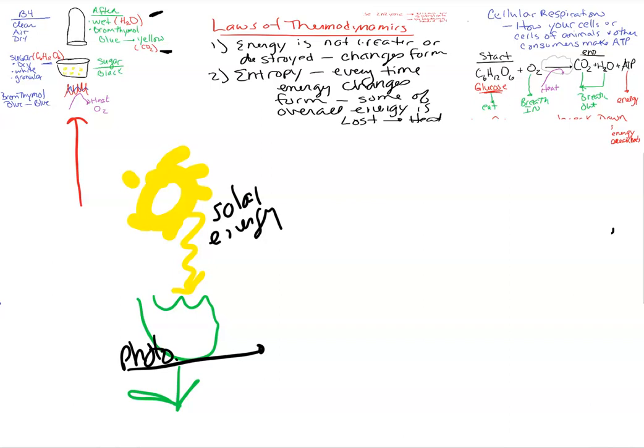What photosynthesis is going to do is take carbon dioxide from the air and take water from the roots and put them together to form C6H12O6. Let me write this out.